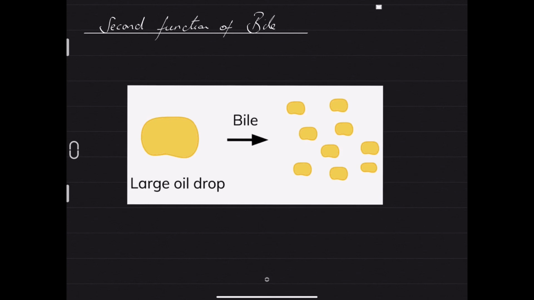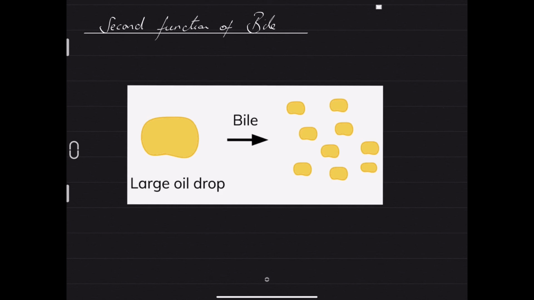Now the second function of bile is shown here. Now proteins and carbohydrates are broken down via mechanical and chemical means, and by the churning of the stomach and the action of various enzymes, we can very easily break down carbohydrates and proteins.